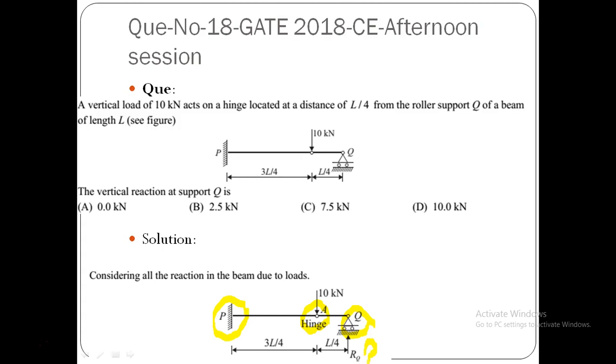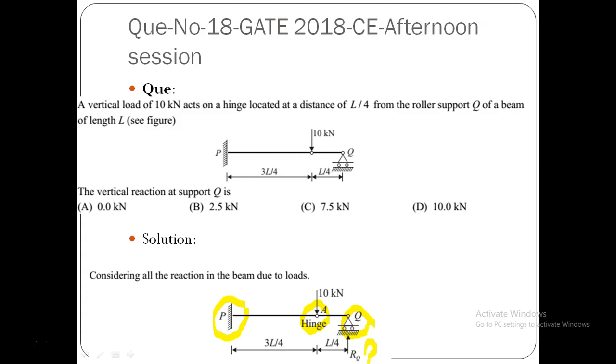So we can take a moment. Now since a hinge is provided at point A, the moment at point A will be equal to 0. Now if we consider the moment at A equal to 0, we can consider the loads from the left hand side or from the right hand side.